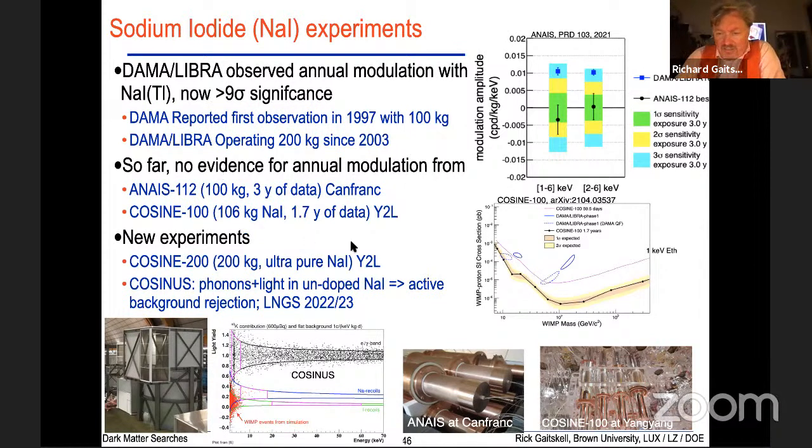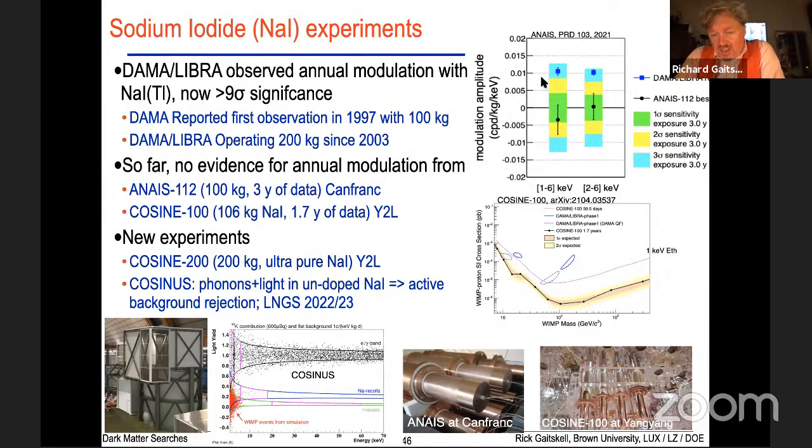You can get a sense of this from the COSINE-100 result here, in terms of the DAMA preferred region in this standard cross-section versus mass plot. This is where the COSINE results are indicating.